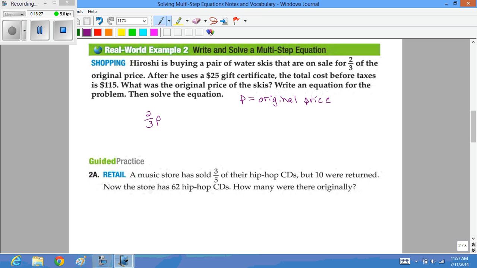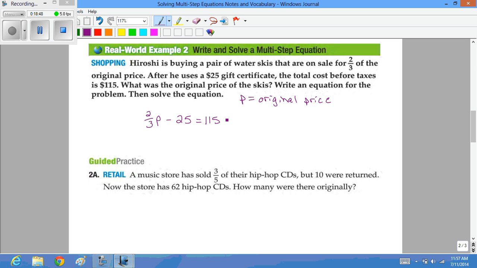He uses a $25 gift certificate. So uses is kind of a clue word that says I'm going to take that and subtract $25 from it. The total cost before taxes is $115. There's that clue word is. So I know that this is going to equal 115.